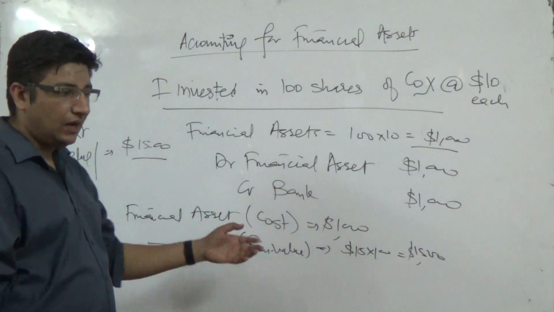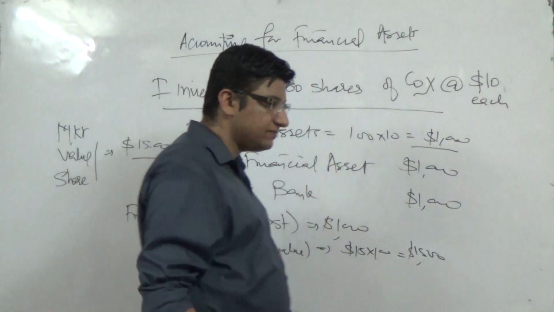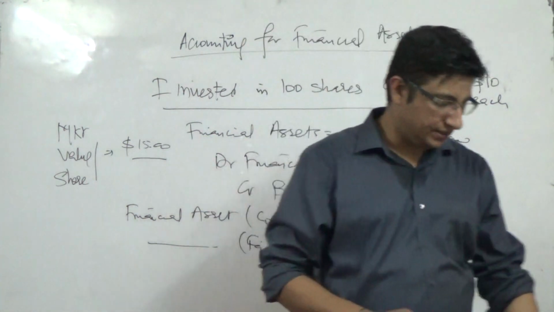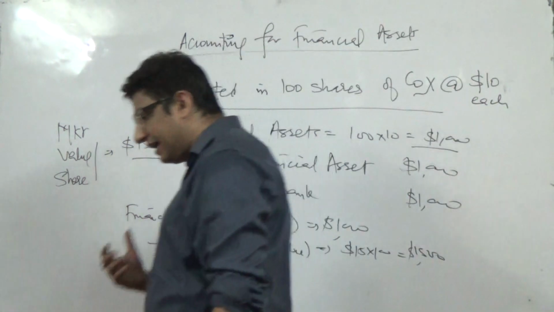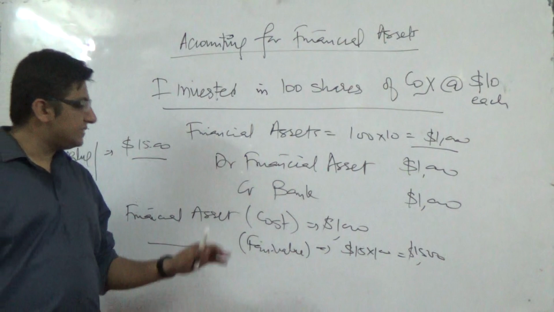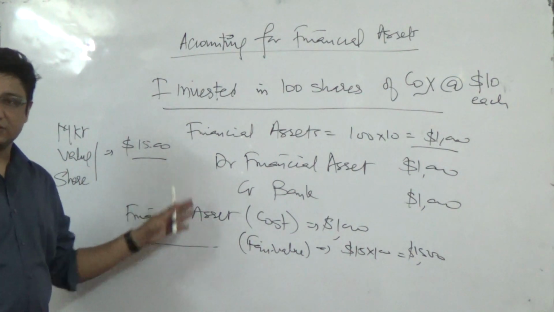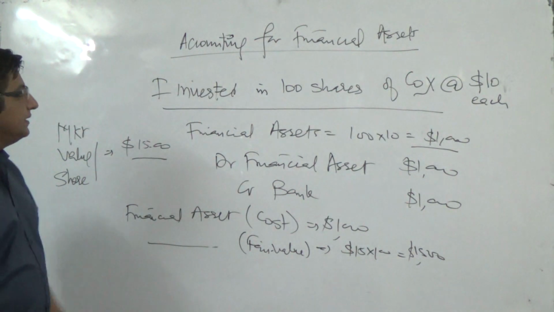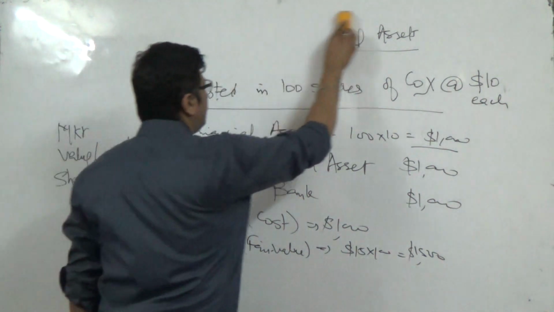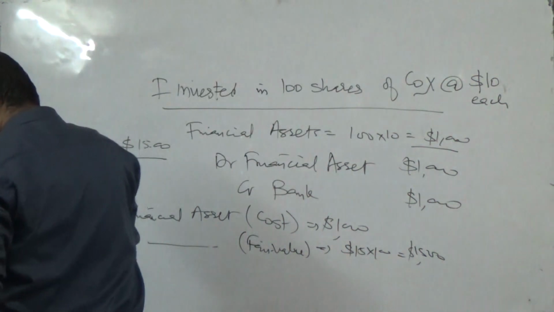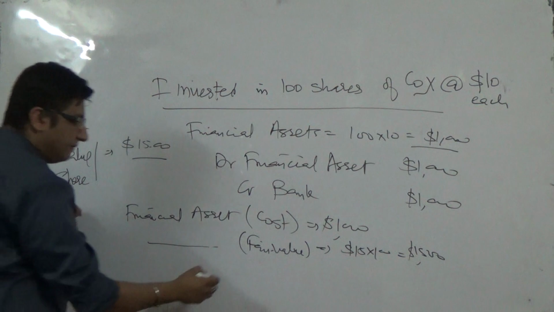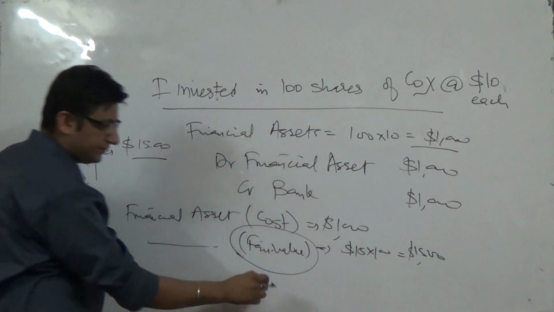Before we get into whether it should be shown under the cost method or the fair value method, let's try to understand the implications of these. Let us say I'm using a fair value method.